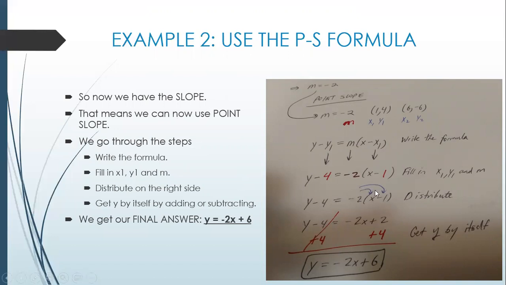Negative times negative is a positive. Negative times a positive is a negative. All the rules we have from before, and I'll put up another PowerPoint to go through those, because I think that's something we need to remember. All right. And then you distribute and you get y by itself.